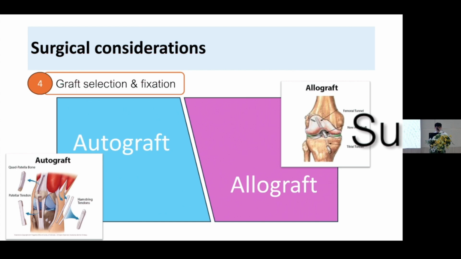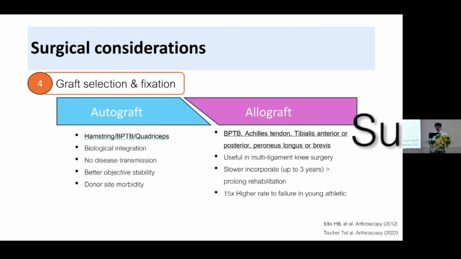The choice of graft is between autograft and allograft. There is no standard graft in ACL revision. However, allograft has a higher rate of failure in young athletes and a slower incorporation.